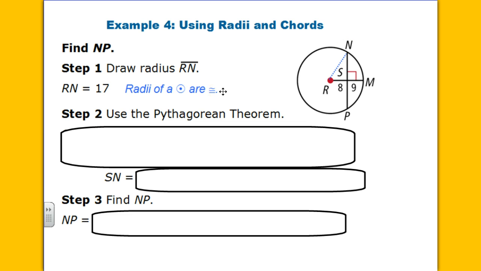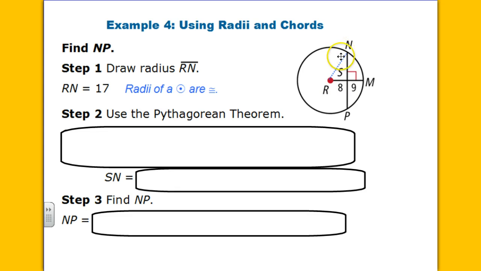And so now we can find NP by determining the length of this chord, right? And what do we have here? A beautiful right triangle. That is the awesome thing about a radius and the chord that it's perpendicular to. We have these little right triangles. So whatever you do, look for right triangles in your life. They are so awesome, right?